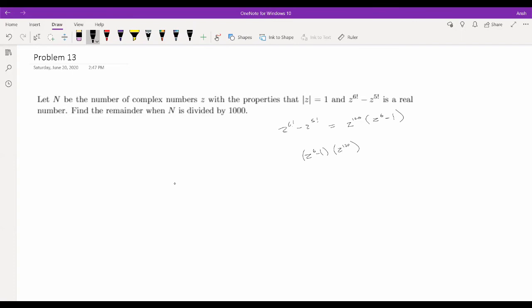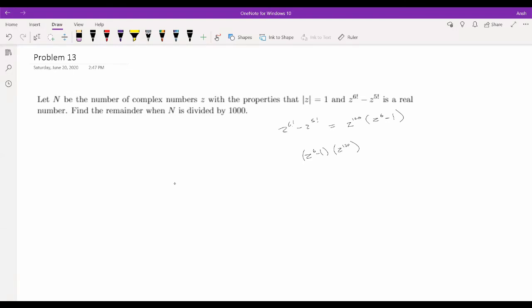Oh wait, sorry, I think I have misspoken. This is a bit confusing, right? We get z to the 6 equals 0, z to the 120 equals 0, but there are some other solutions that this doesn't account for.